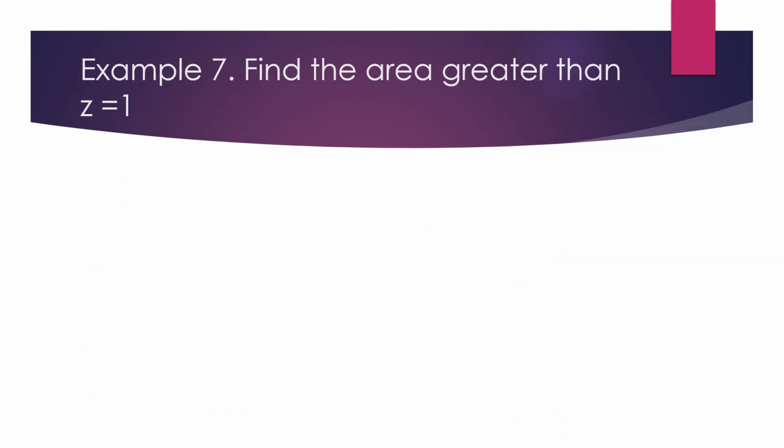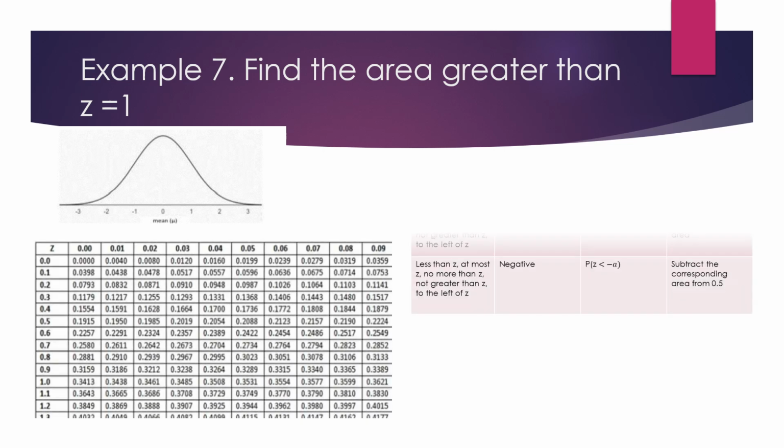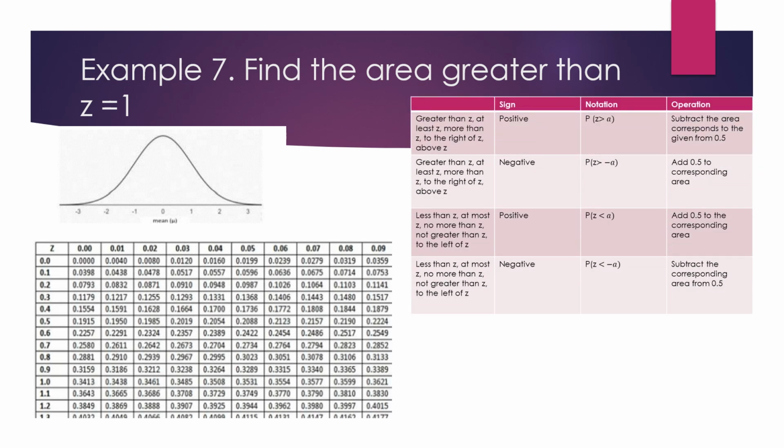What about finding the area greater than z equals 1? So let's illustrate. Greater than z equals 1. So it is greater than this one. And the given is positive. So let us illustrate it in the given normal curve.